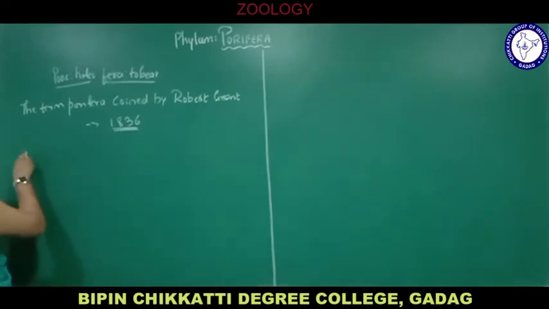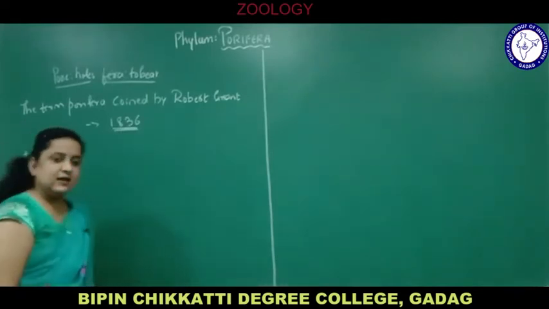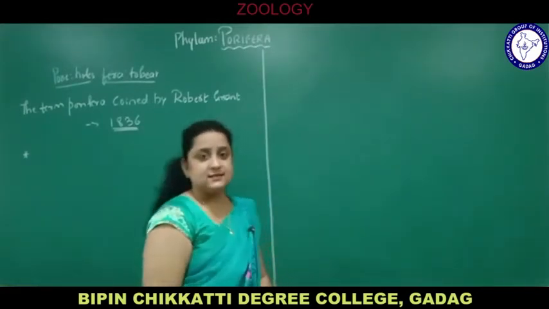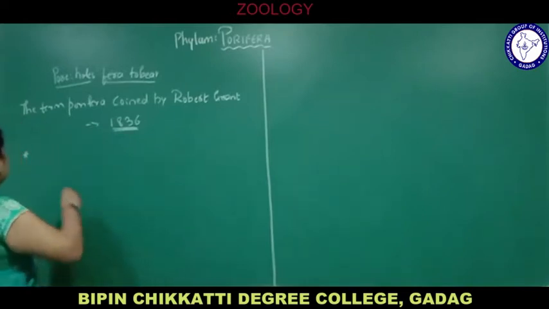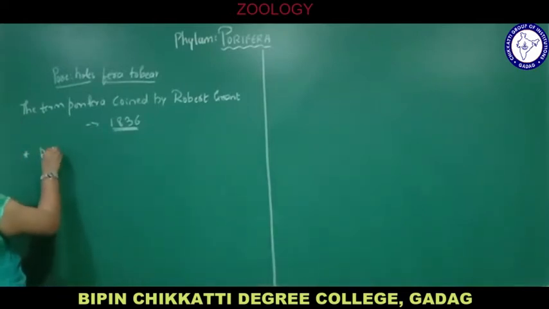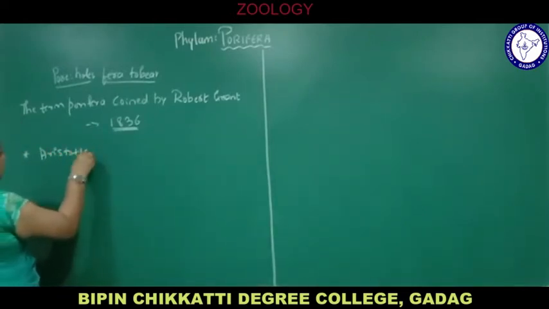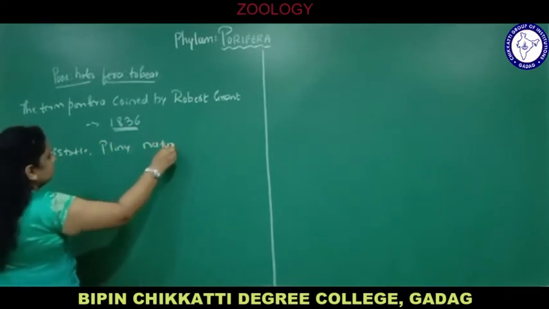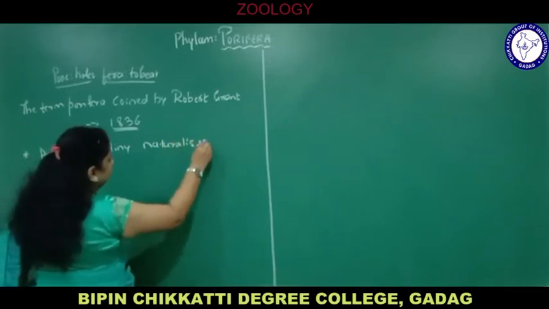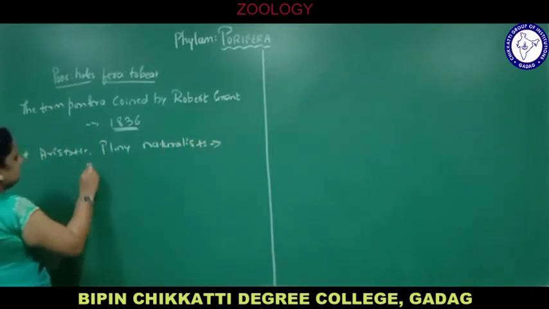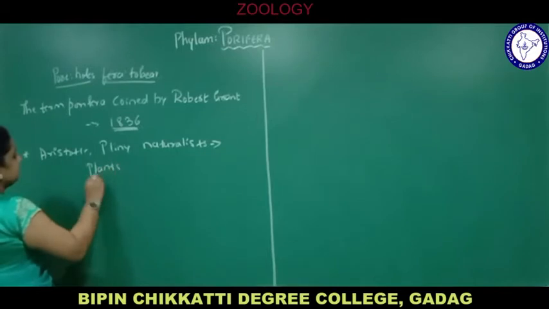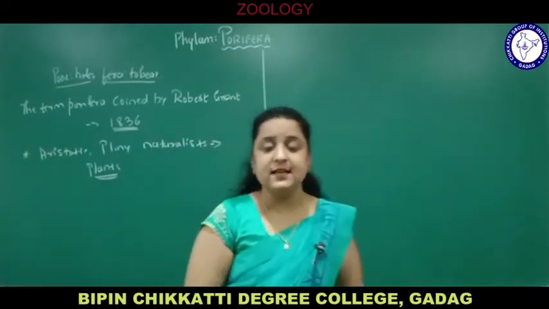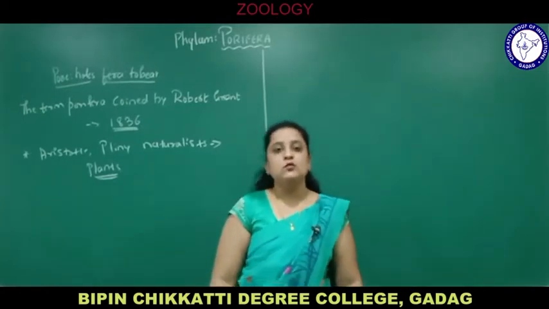Earlier, scientists like Pliny and Aristotle placed this phylum Porifera under plants. They said that these belonged to kingdom Plantae. Aristotle, Pliny and other naturalists believed that these were plant-like organisms, and they said these were plants because of their sessile nature. Sessile means the organisms which cannot move from one place to another place.